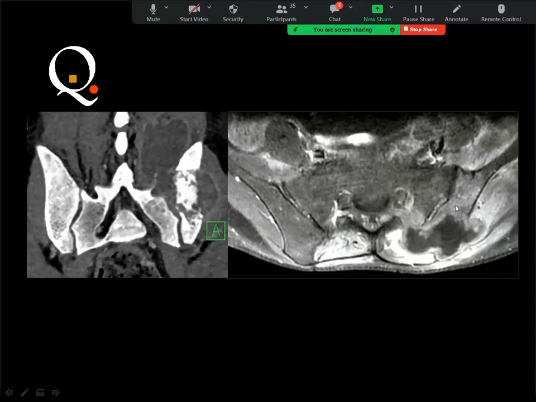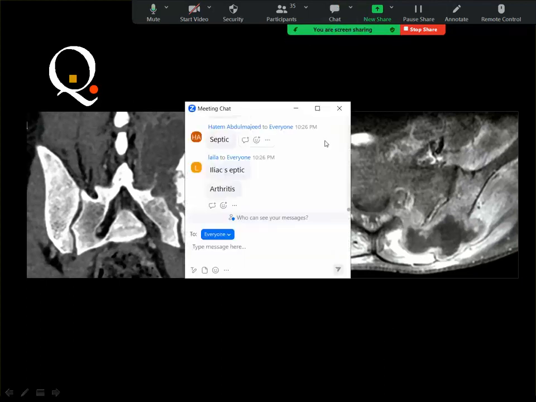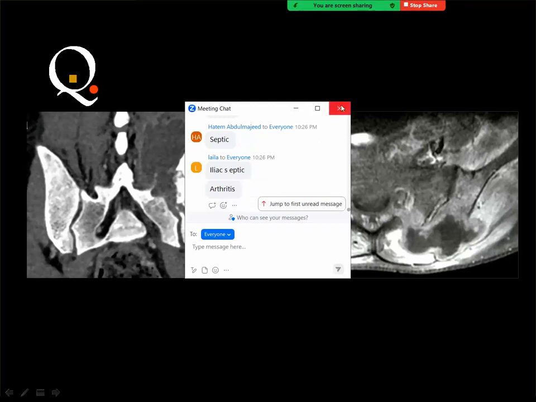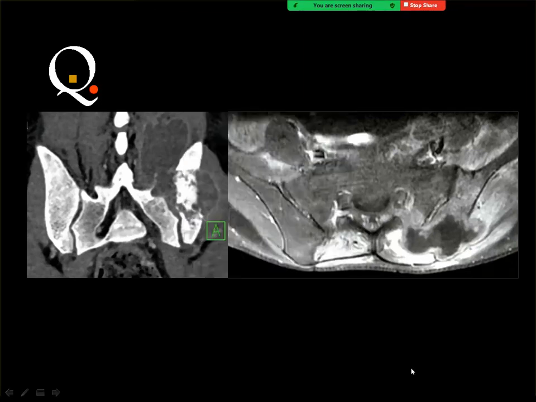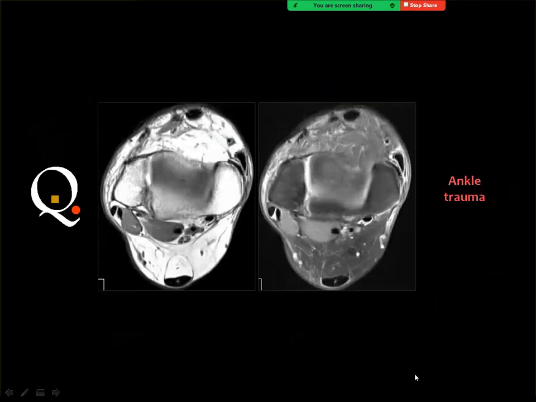And as you know, unilateral sacroiliac joint affection is one of three: number one, trauma; number two, infection; number three, tumors. But bilateral sacroiliac joint disease has a very long list of differential diagnoses. This is septic arthritis of the sacroiliac joint.